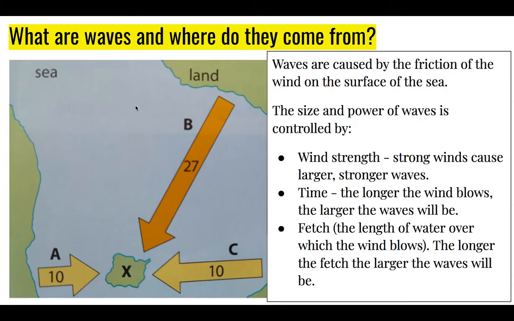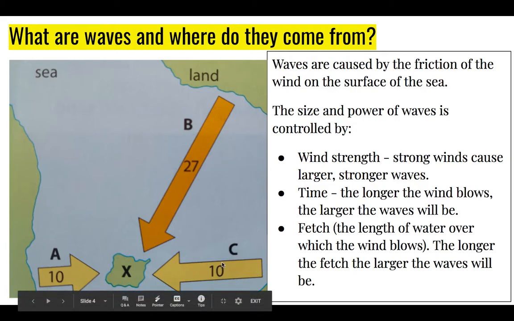Now, the size and power of waves are very important, and they're controlled by three different things. One is wind strength. In this diagram, this orange wind is supposed to represent just a strong wind, whereas the pale brown or cream colour is meant to represent a weak wind.